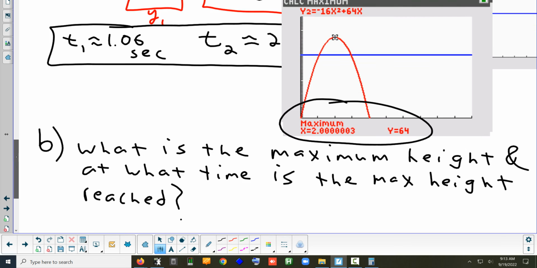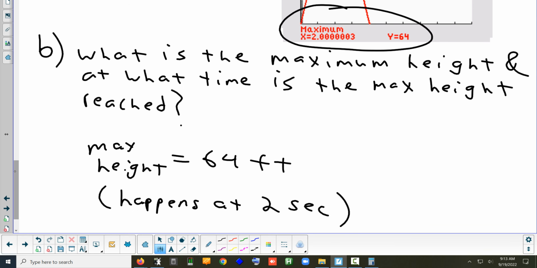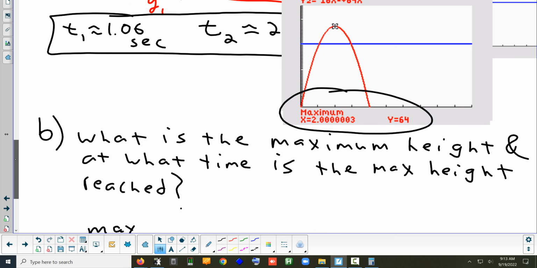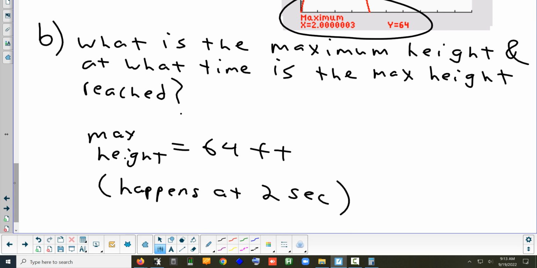And this happens at 2 seconds. So you can write your answer that way, that's fine. Any question on that?